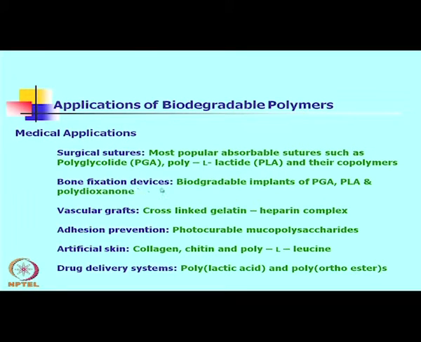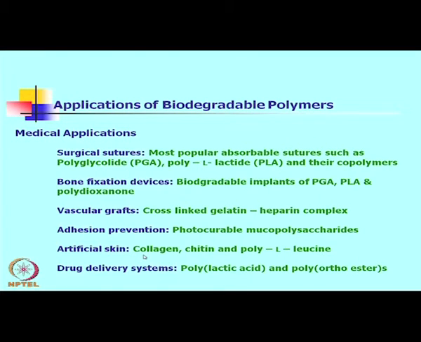Bone fixation devices, say these bone fixation devices are made from polyglycolic acid, polylactic acid and polydioxanone along with other materials. Vascular grafts made from cross-linked gelatin heparin complex. Adhesion prevention was also used during surgery. These are photocurable mucopolysaccharides which are used.